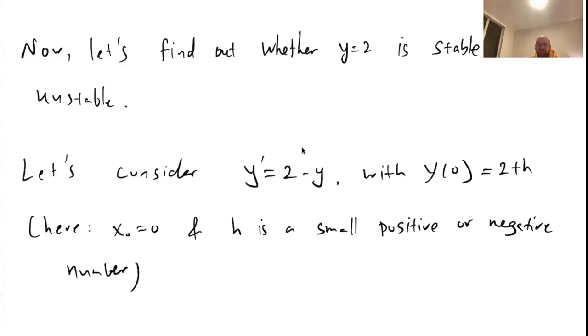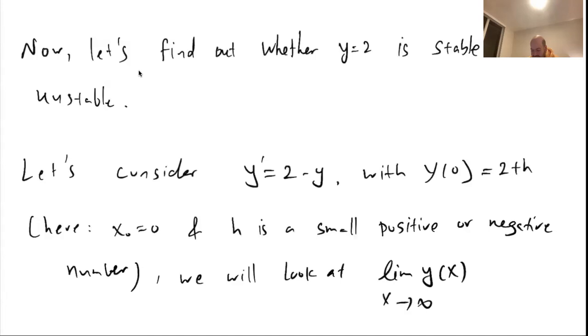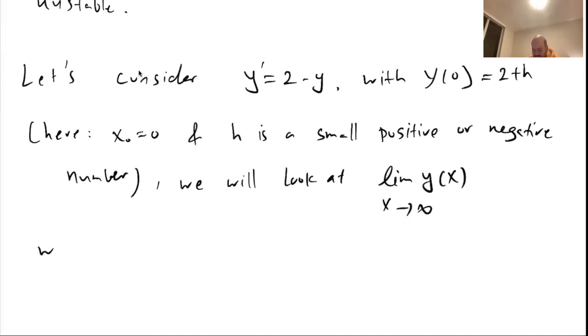Instead of saying 2 plus epsilon or 2 minus epsilon, I simply call it 2 plus h, and h is a positive or negative number, and I'm choosing my x0 to be 0. And we will look at the limit of y of x as x goes to infinity, where y is a solution for the initial value problem above.